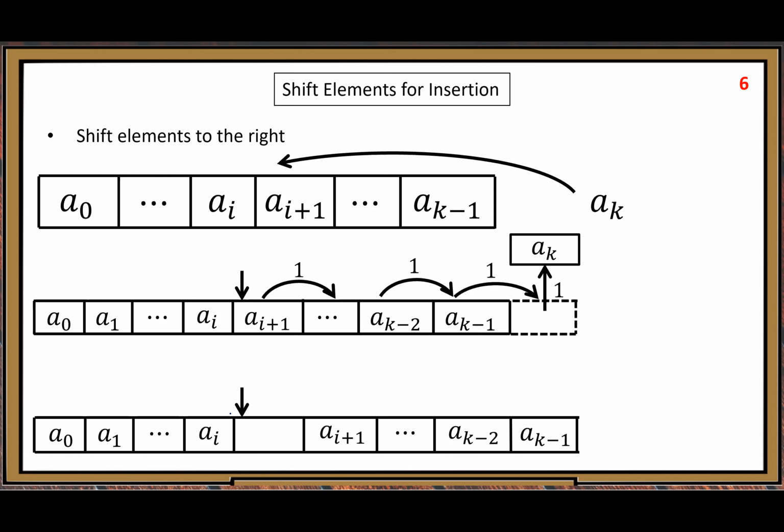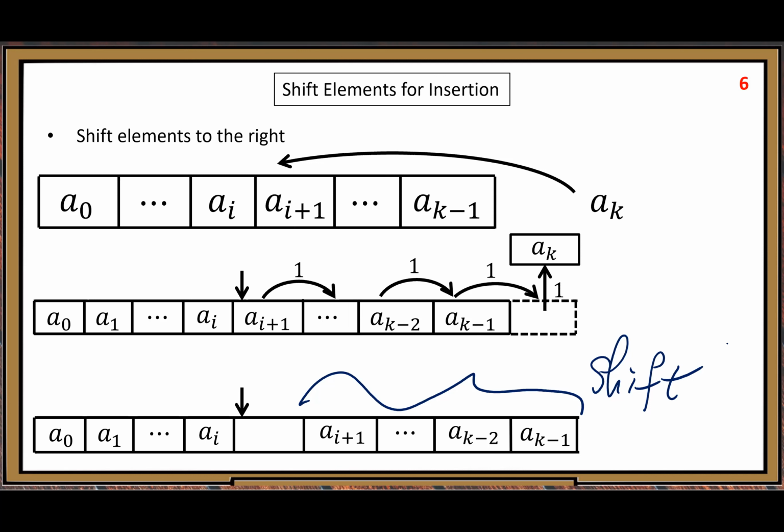So let's look at this diagram. After the shift, these elements, we do the shift operation. Finally, we have a vacant place, like a vacant hotel room.